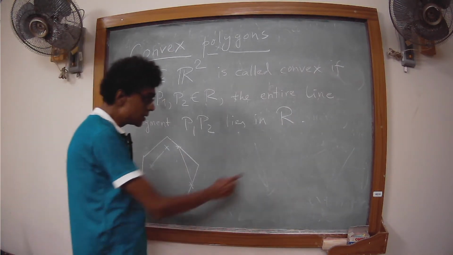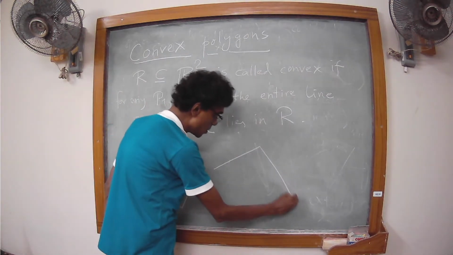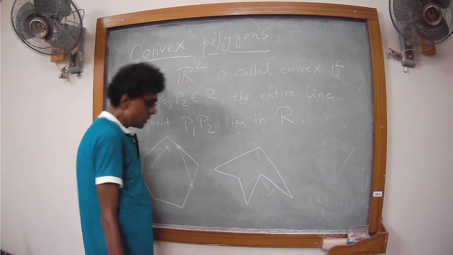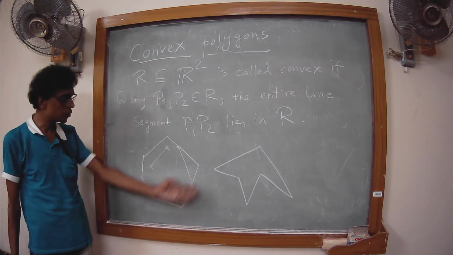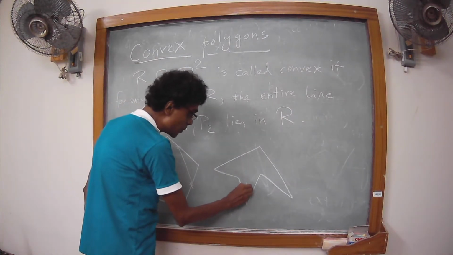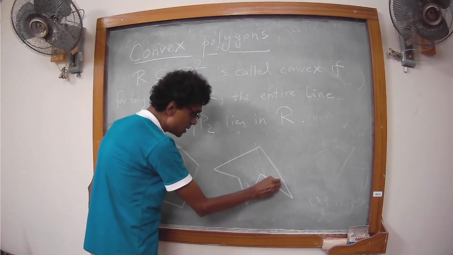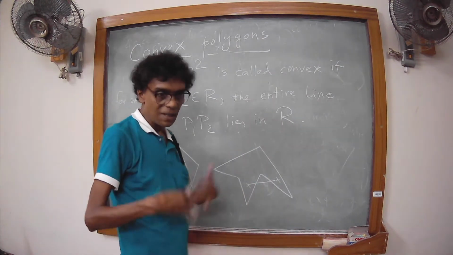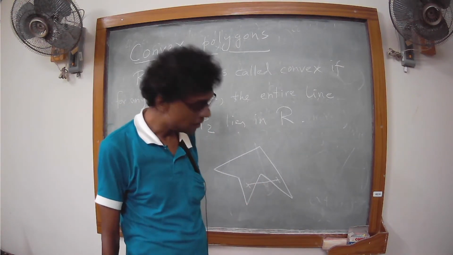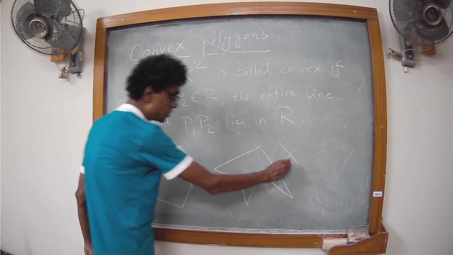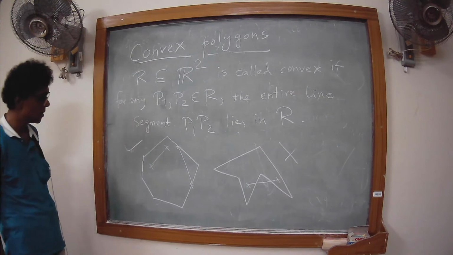On the other hand, that picture that I drew, this region or this polygon is not convex because, for example, if I take a point here and a point here, join them by a line segment, some part of the line segment goes outside the polygon. So this is convex, this is not. Okay.